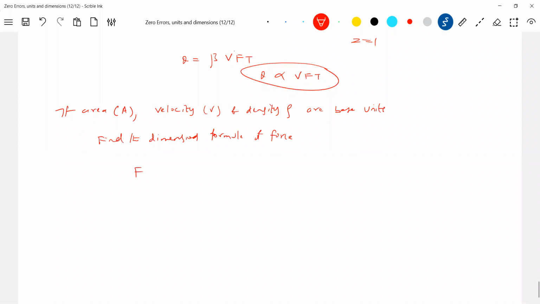So what we are doing is trying to express F equal to beta times area, velocity, density rho. Yes, he himself has given it. Okay, let's accept that.